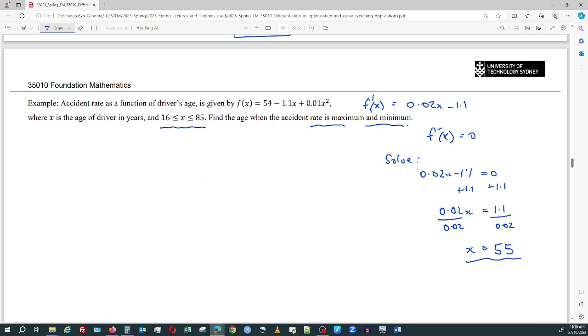So if we look at our interval, we can see that we've got a number in between these two. So the question still remains, when is that at a max?